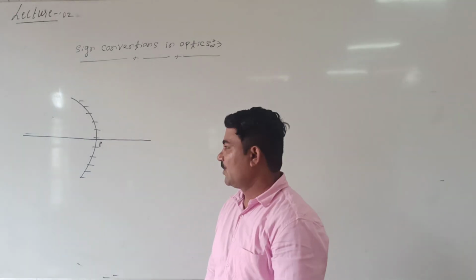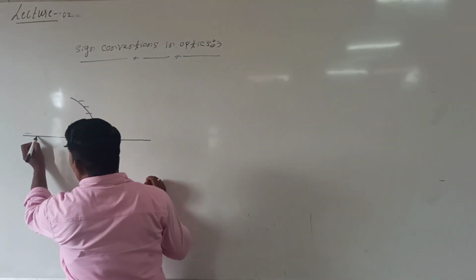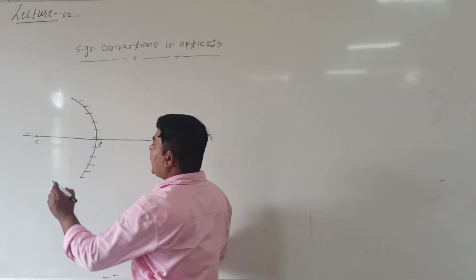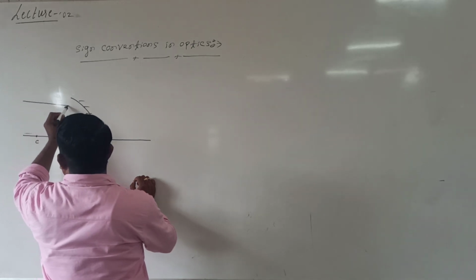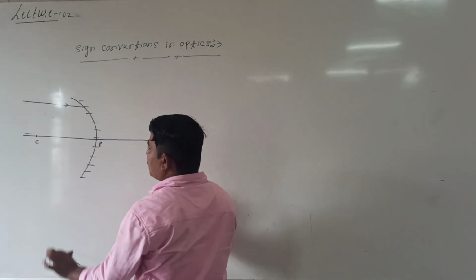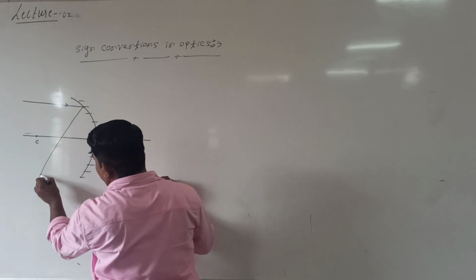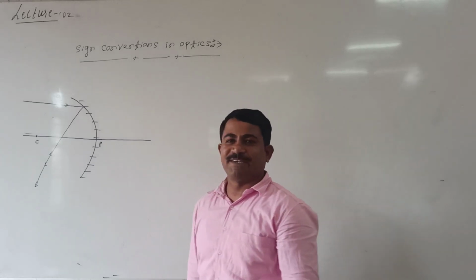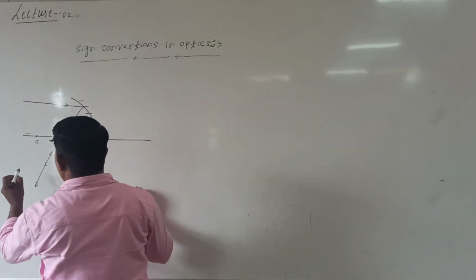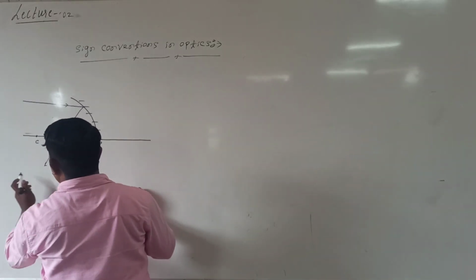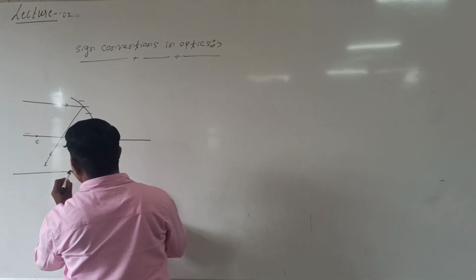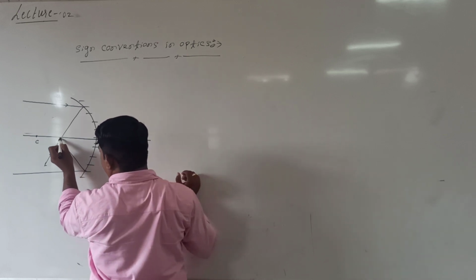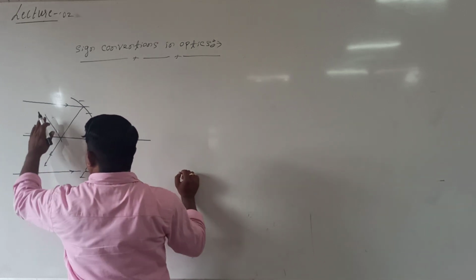Around this, this is the center of curvature C. A ray of light is incident like this. After incident, the ray of light must reflect in this direction. Let us take one more ray of light incident at this point. After incident, it reflects back like this.